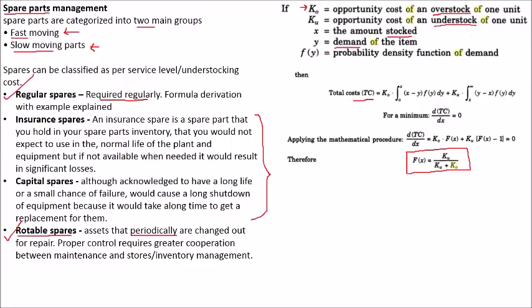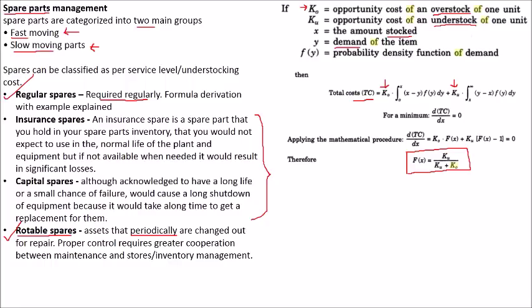Total cost is the opportunity cost of overstock, Ko. During overstock your stock will be higher than demand, so Ko times integral of x minus y, f of y dy. And during understock, the opportunity cost is Ku, and your demand will be higher than stock, so Ku times integral of y minus x, f of y dy.